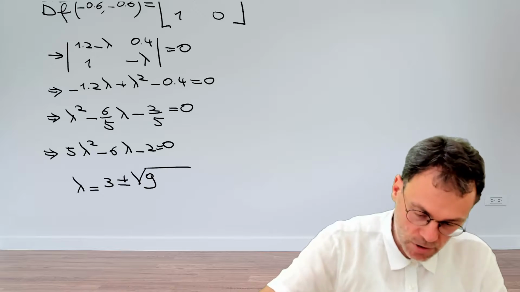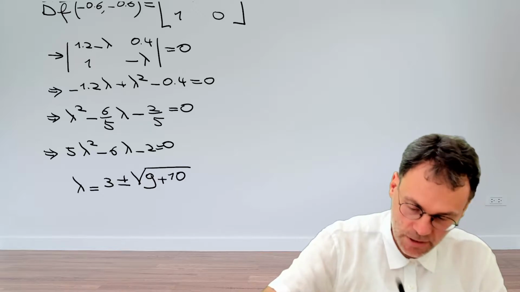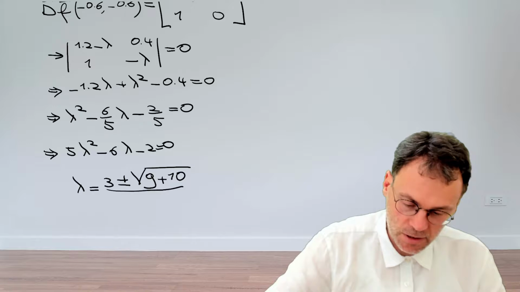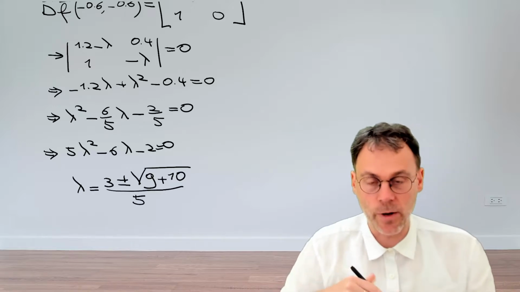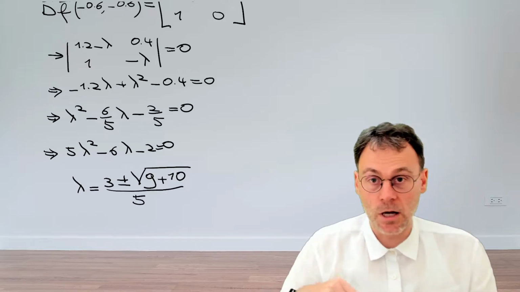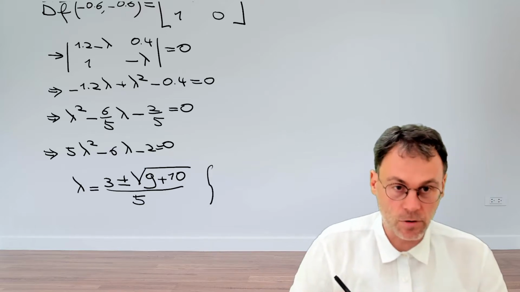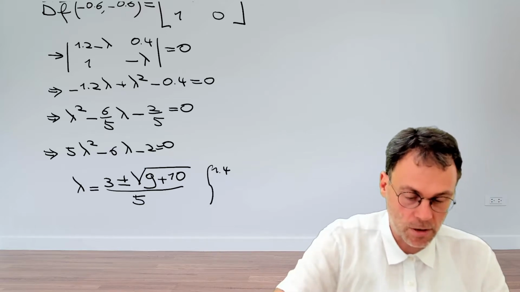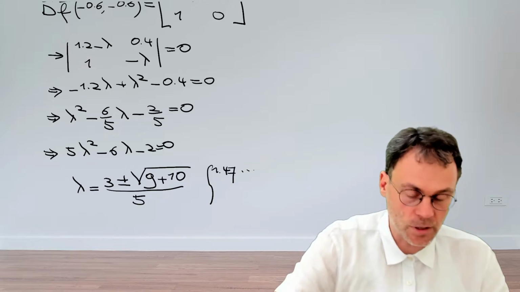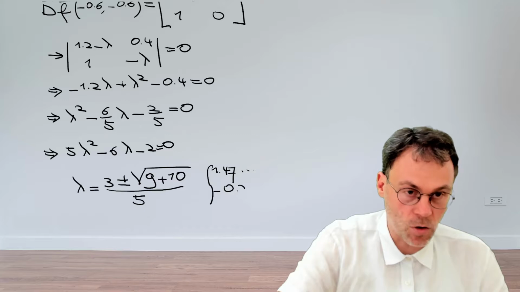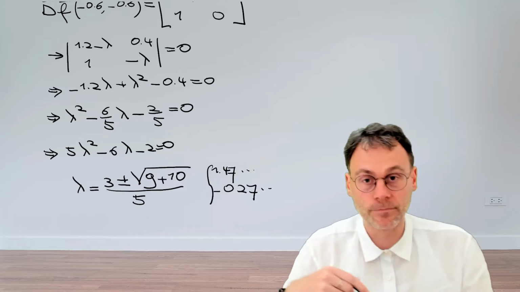So this gives us plus 2 times 5, 10, divided by the coefficient of lambda squared. So these are our 2 eigenvalues. If you take a calculator, you will quickly be able to calculate that the first one is roughly 1.47 and the second one is -0.27.